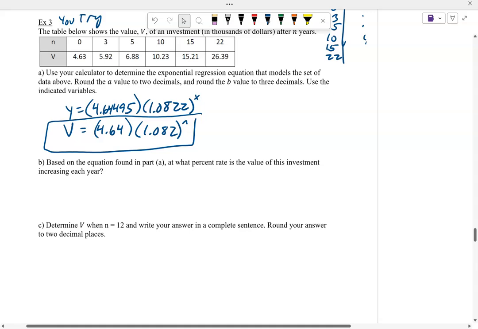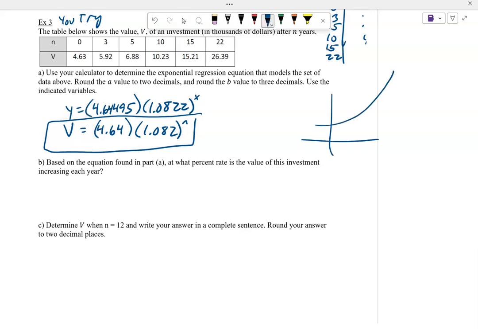Remember the data was increasing exponentially. So you want to think to yourself, y equals a times 1 plus r to the t, right?